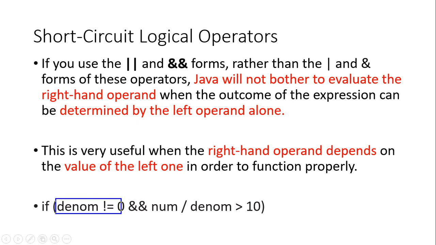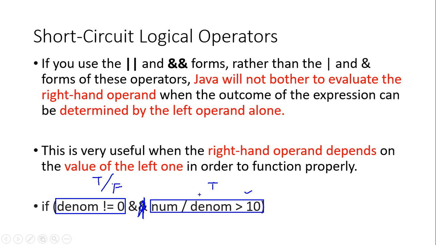And suppose you put a single and here, if this expression is true, it will evaluate the second expression. Whether it is true or false, it's going to evaluate the second expression.